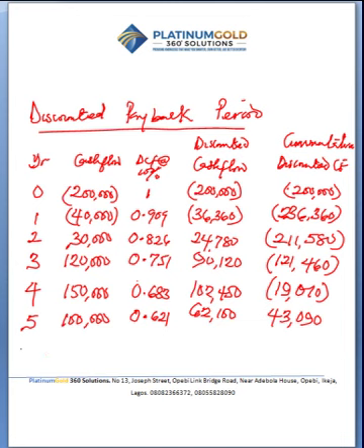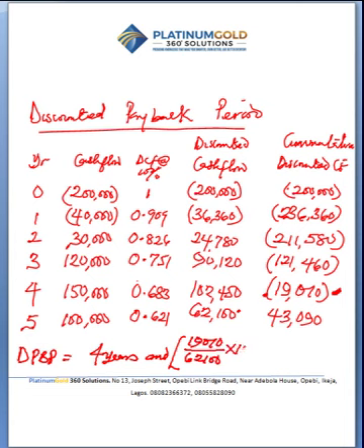So the discounted payback period is 4 years. That's the last year it has a negative value, and some months before the end of year 5. So what we do now is we charge what is left here from what was actually made: 19,010 divided by 62,100 times 12 months.